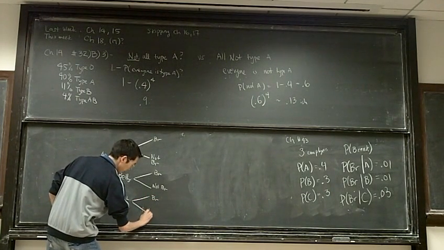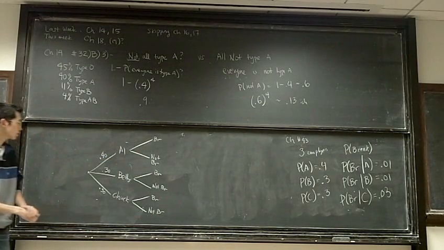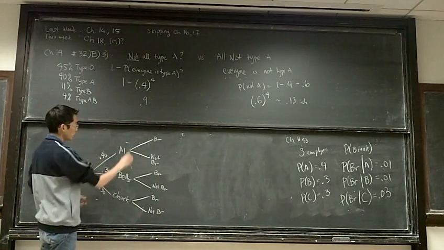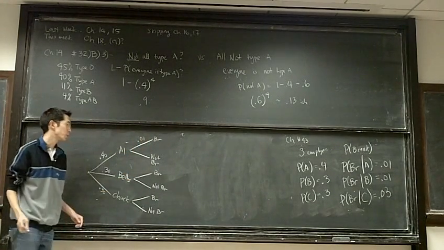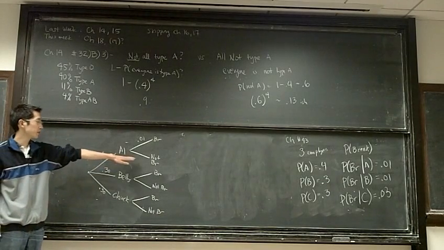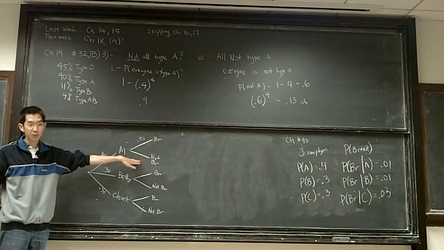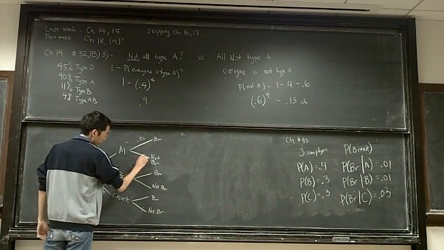Broken or not broken. So 1% of Al's dishes are broken, okay? Which means the remaining portion, 99% of Al's dishes are not broken. So we put 99 here.